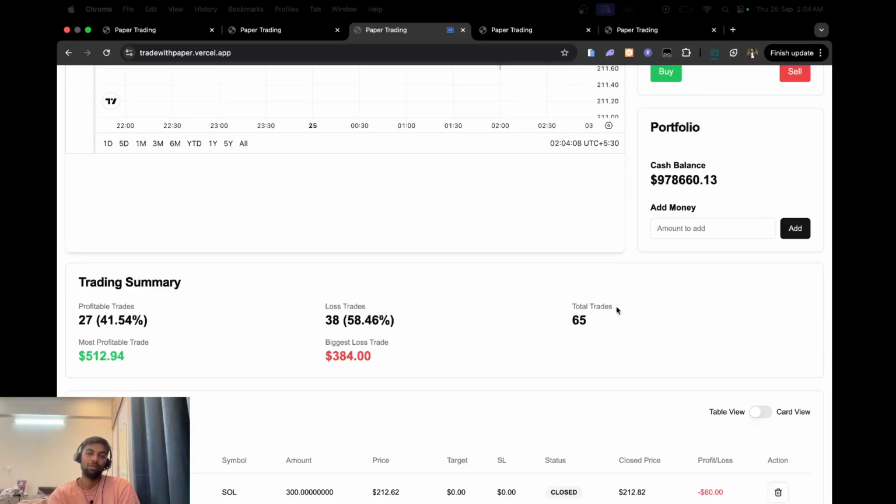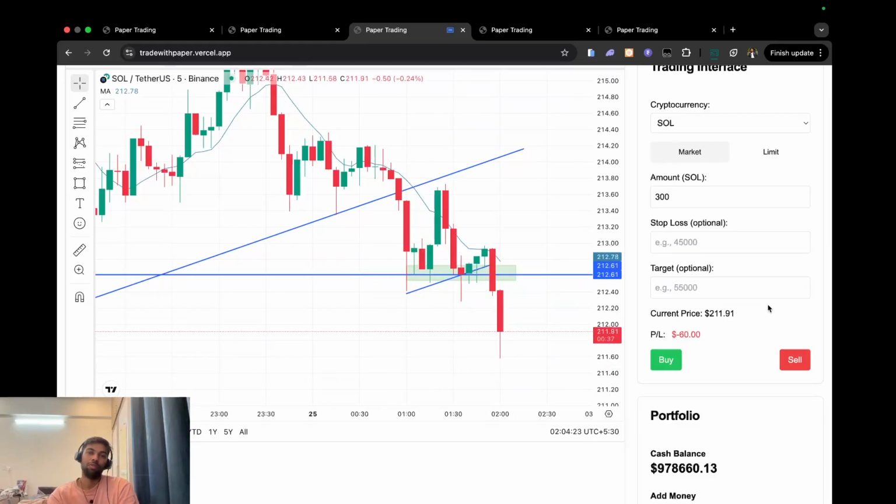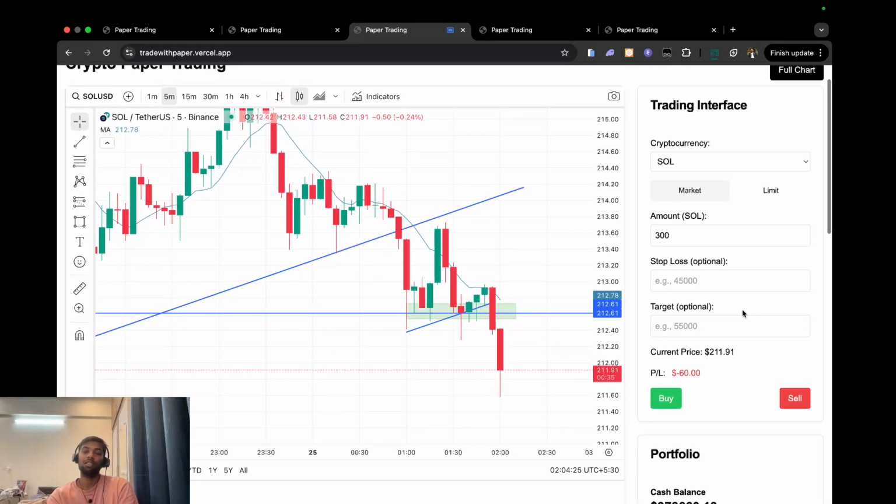Okay, battery is low, right? So we took almost 65 trades, and 27 are profitable trades, 38 are losing trades. Overall, we are 41% on the losing side. Just a reminder stat of how many trades we have done.